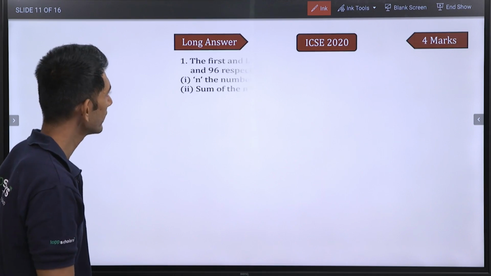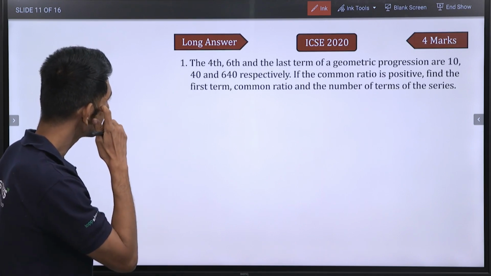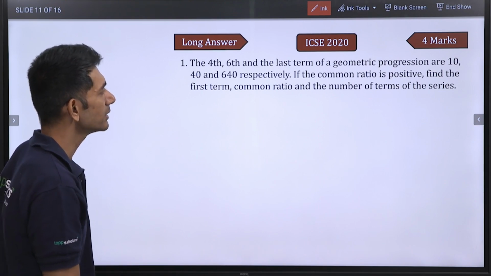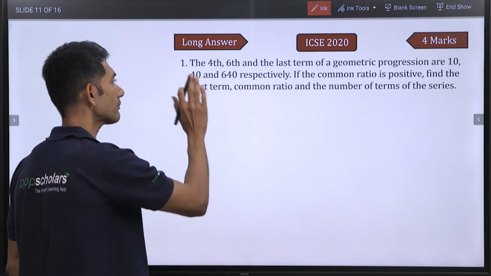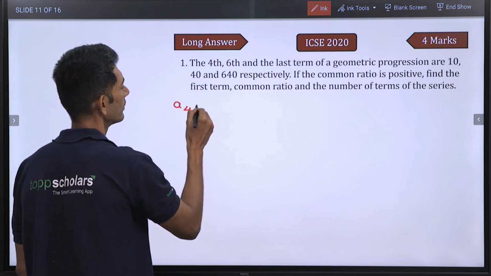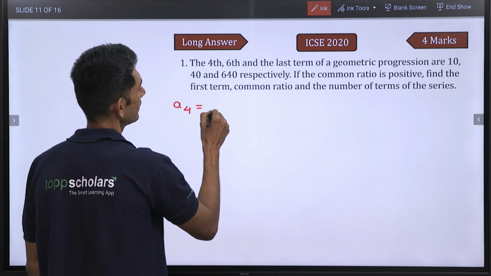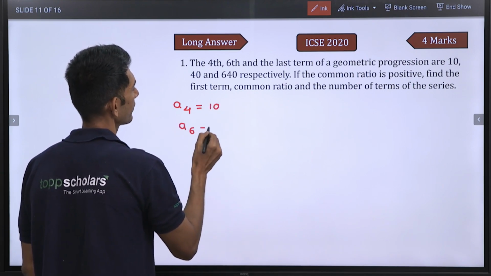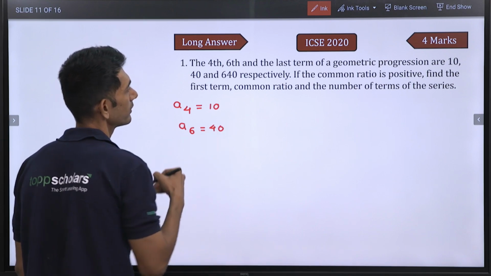Perfect. Let's continue further. So here is a new question. It says the fourth, sixth, and the last term of a geometric progression are given. Fourth is A4, which is 10. Sixth is A6, which is 40.